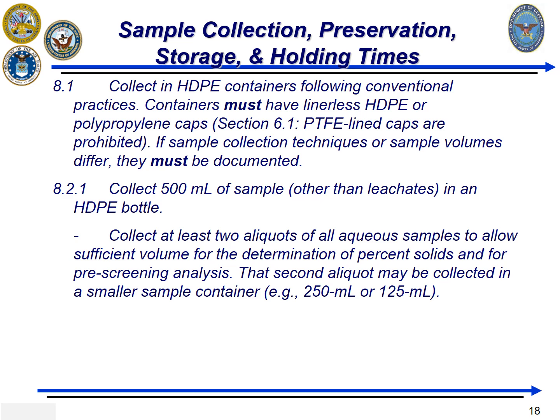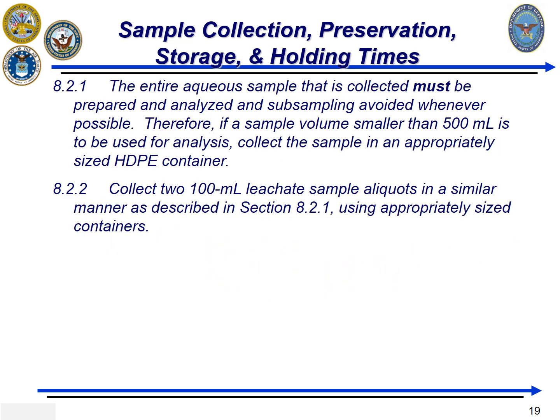It states to collect at least 2 aliquots of all aqueous samples to allow sufficient volume for the determination of percent solid and for pre-screening analysis. That second aliquot may be collected in a smaller sample container such as a 250 milliliter or 125 milliliter bottle. The method states that the entire aqueous sample that is collected must be prepared and analyzed, and that subsampling should be avoided whenever possible.